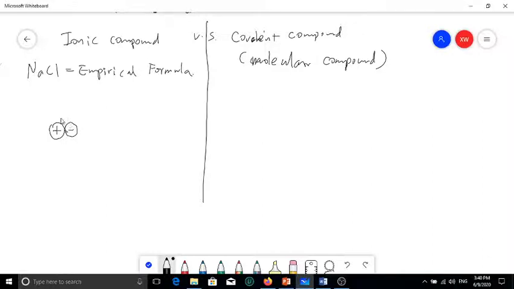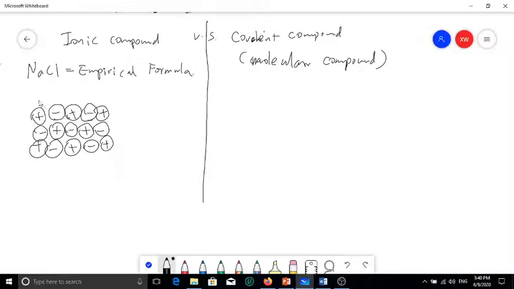So you can imagine if you have a piece of sodium chloride, which is table salt, there are a bunch of cation particles and anion particles. This positive charged species is going to be attracted to any other negative charged anion, and similarly, any negative charged anion will also be attracted to a positive charged cation. This alternating pattern continues three-dimensionally.